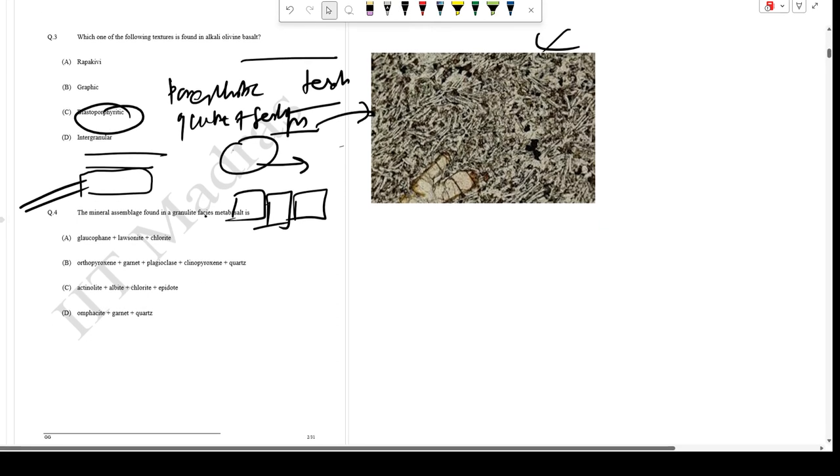So next is question number 4: the mineral assemblage found in the granulite facies. So what will be the approach for this question? For the metabasalt which is being given, the explanation is this. Facies in metamorphic rocks refers to a specific mineral assemblage that develops under certain pressure and temperature.